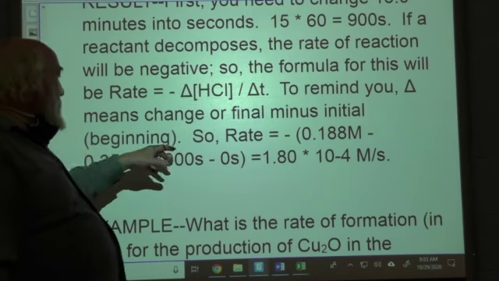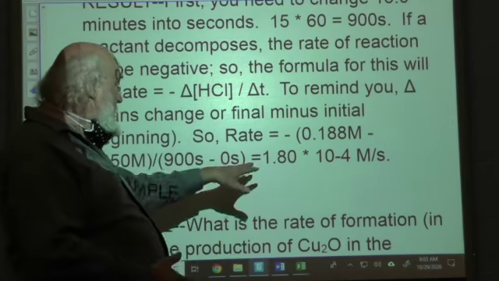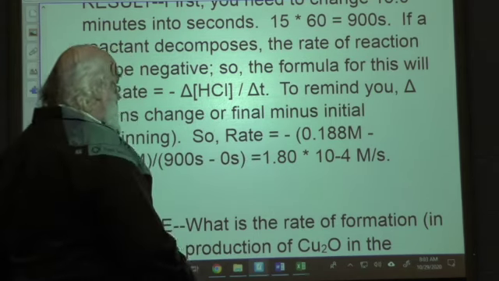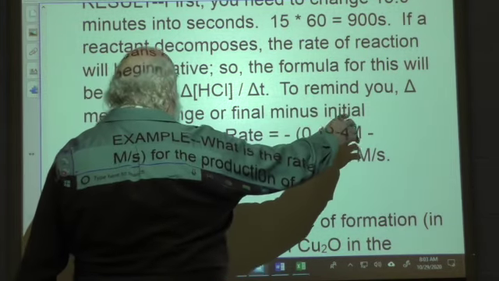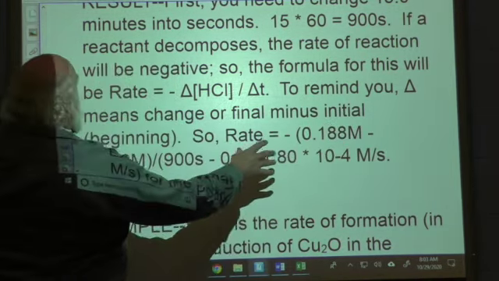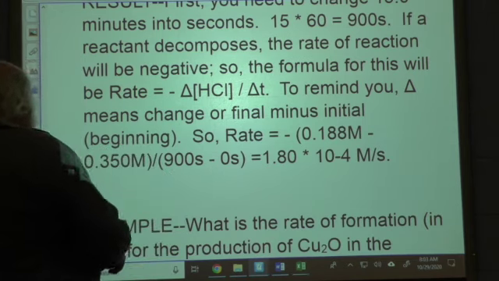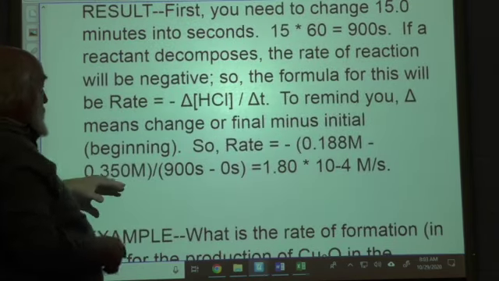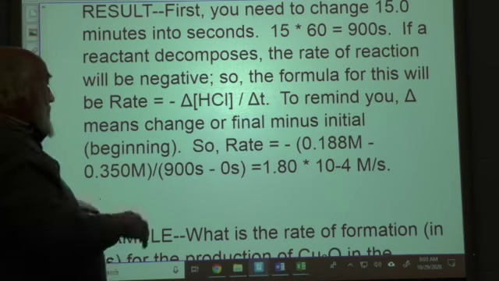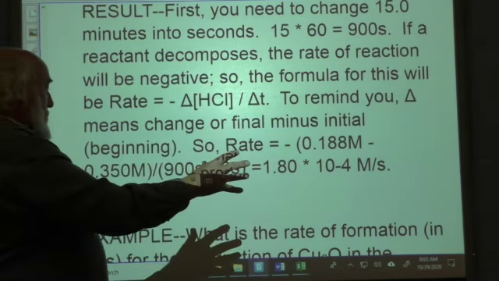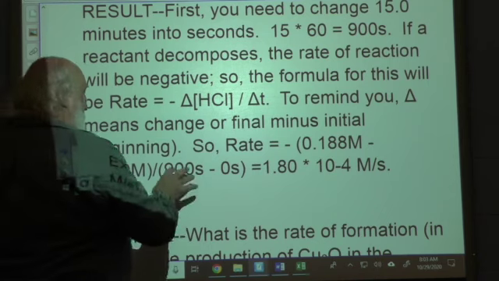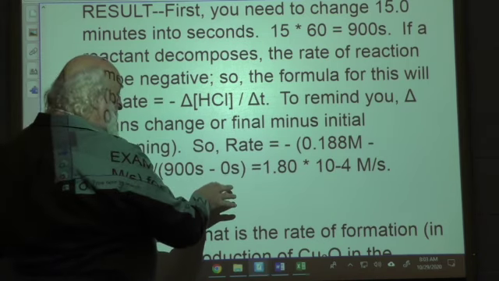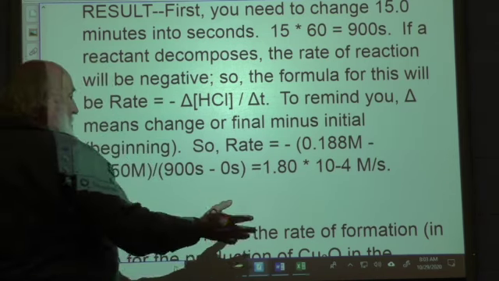So when we find the rate, because this is decomposition, we start off with a negative sign, and this is going to be 0.188 is the final. That's the final. It's going to end up there. And it starts at 0.35 moles per liter. That's your numerator, and your subtraction of it. Your denominator, you end up at 900 seconds, you start at 0 seconds. So that's your delta T.